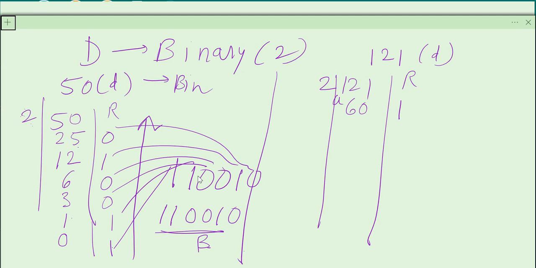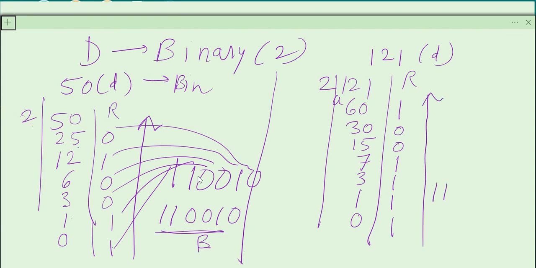Now 60 divided by 2 is 30, remainder 0. Then 15, remainder 0. Then 7, remainder 1. 7 divided by 2 will be 3, since 3 twos are 6, remainder 1. 3 divided by 2, 1, remainder 1. Then 0, remainder 1. Take all the remainders in the opposite direction. So the answer will be 1111001.